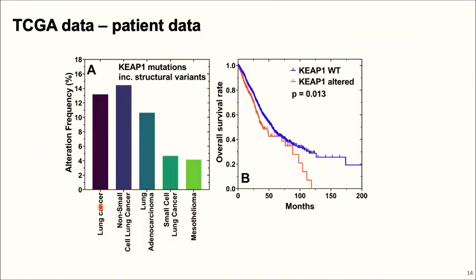So we became interested in the KEAP1 gene because KEAP1 is mutated in about 15 to 30% of patients. This is TCGA data showing that there's a very large incidence of this mutation or alteration in this gene in lung cancer.